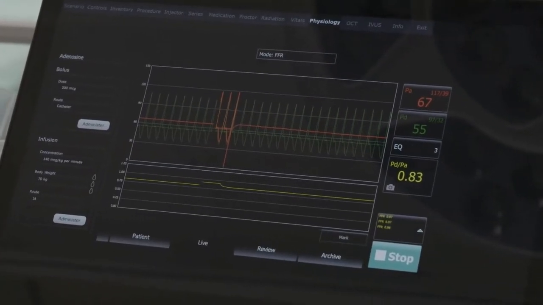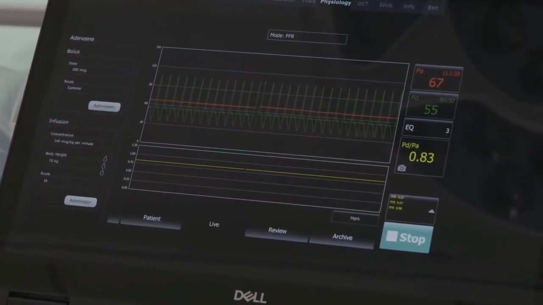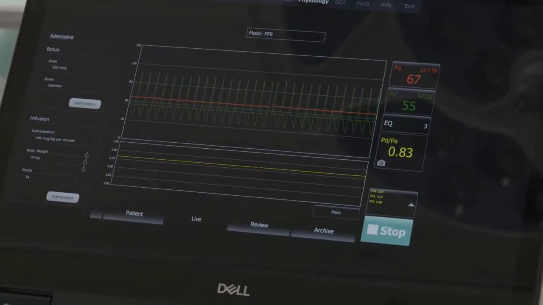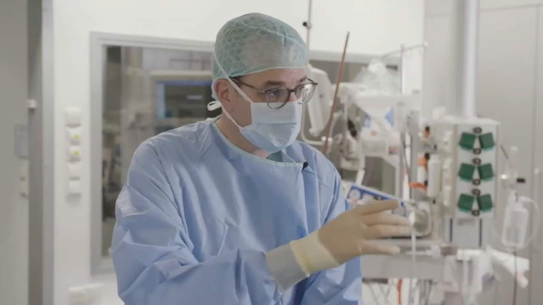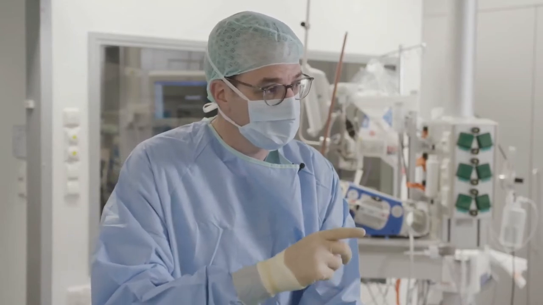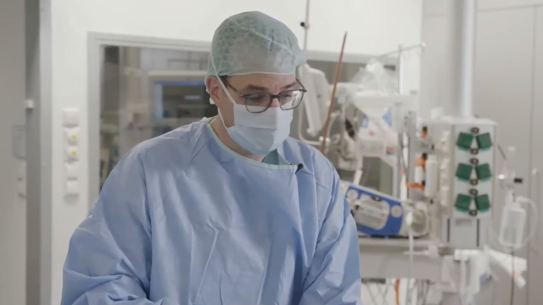However, I think now we have a nice curve. There's a clear fall of the Pd to Pa. We now demonstrate that the left main stenosis is relevant.